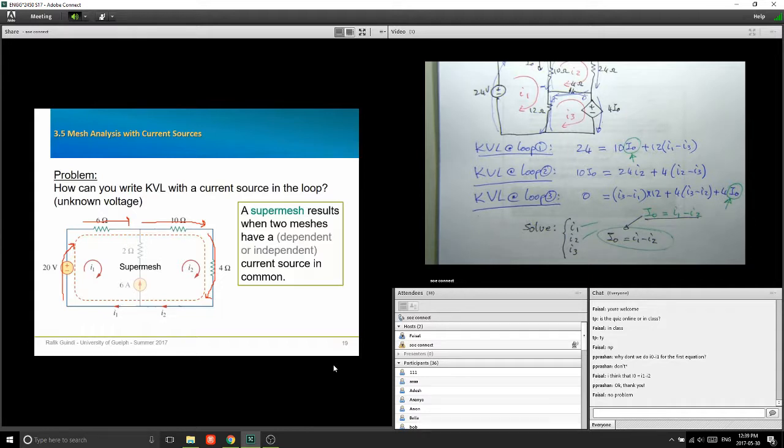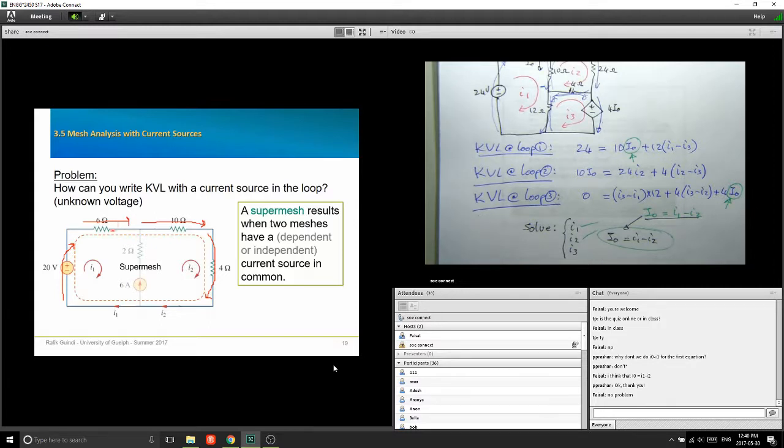Okay, so I'm able to go around my super mesh, and I'm going to apply my KVL with voltage rises and voltage drops, looking at the mesh currents wherever I am. So in here I have a rise of 20 volts. That's the first part. And then the second part here, I have a drop of 6I1.